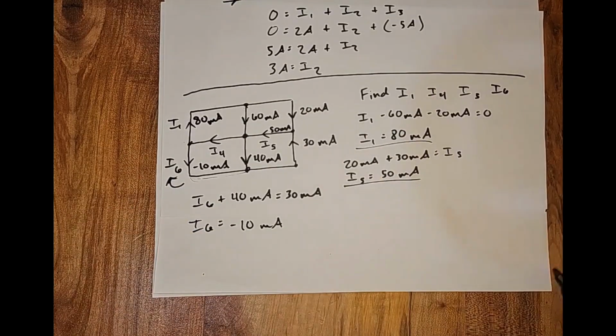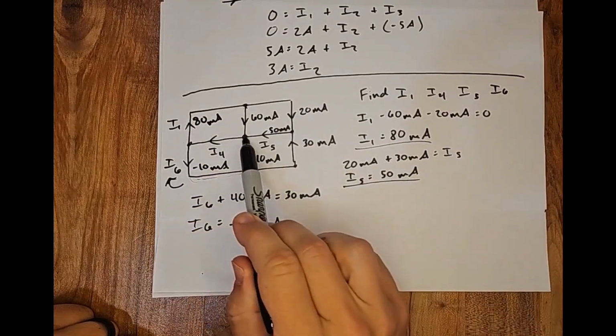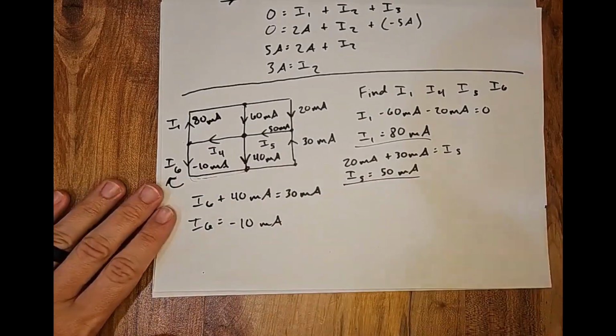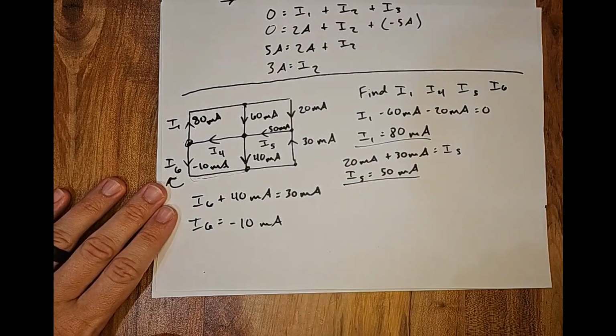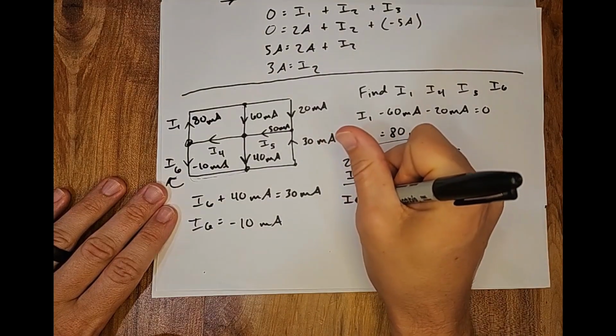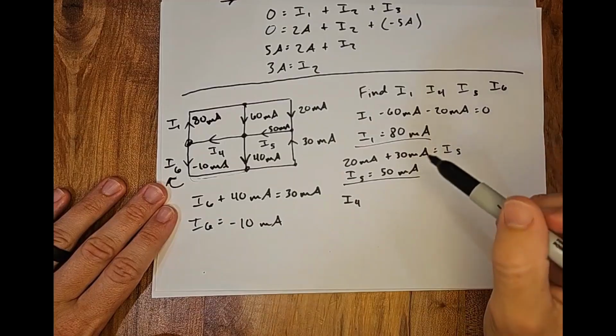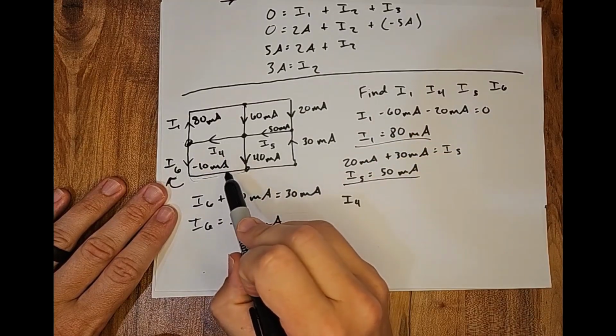And I believe it is I4. Okay. So we can look at this node or this node for I4. So let's do both. Let's look at this node first. So I4 is coming in. Then you're going to have negative 10 milliamps coming out, which remember, that's actually 10 milliamps coming in.